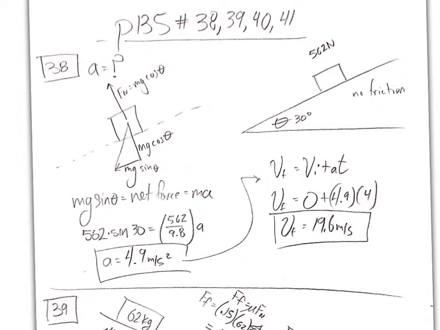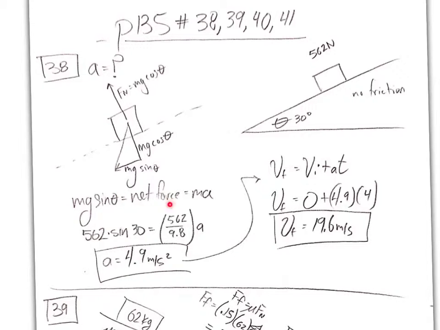Okay. So, because the block is not moving into or out of the plane, these forces have to be balanced. Therefore, the net force, the result of all the forces acting on the block, the force that we use in F equals ma, the force that contributes to its acceleration, is mg sine theta.